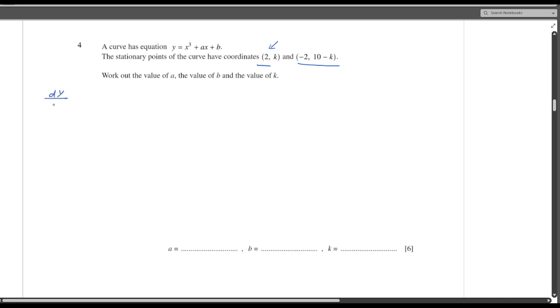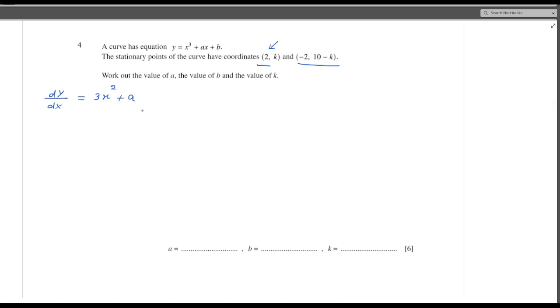My first step is to find dy by dx. So dy by dx here will give me the answer as 3x square plus a, right? Now from here I will get the x coordinate for the stationary point.